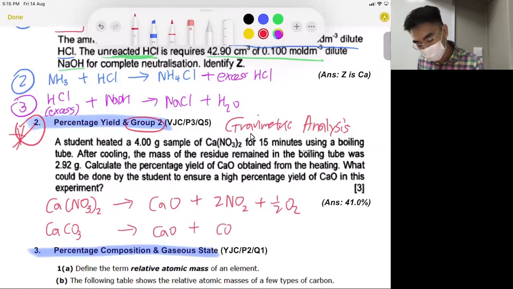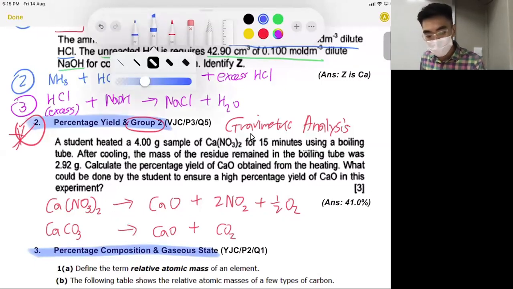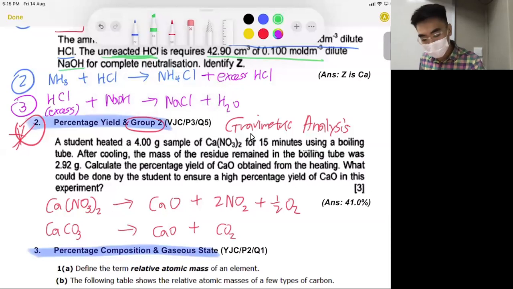That's something that you are probably more familiar with. So what I want you to do is this. You know the mass, right? Try to calculate for me, what do you think will be the mass of the calcium oxide that's produced? But all of you will discover something that is quite peculiar here.